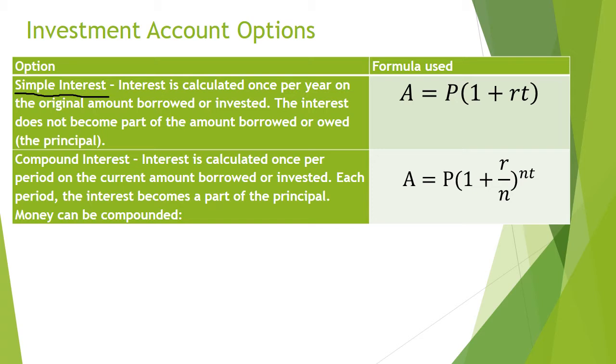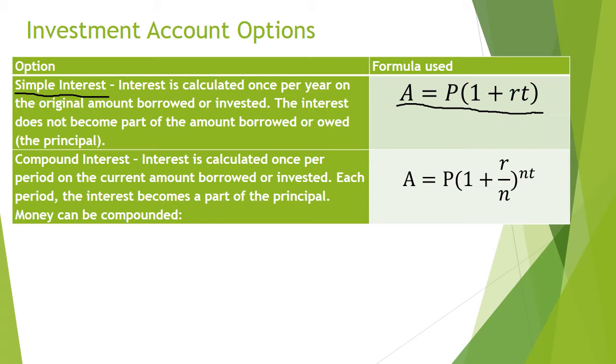The interest does not become part of the amount borrowed or owed. And the formula that we use for simple interest is A, the final balance, equals the principal times 1 plus the rate times the time in years.